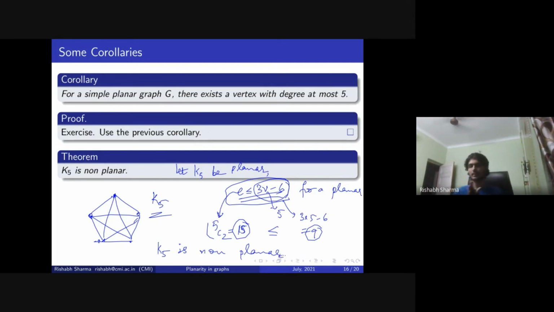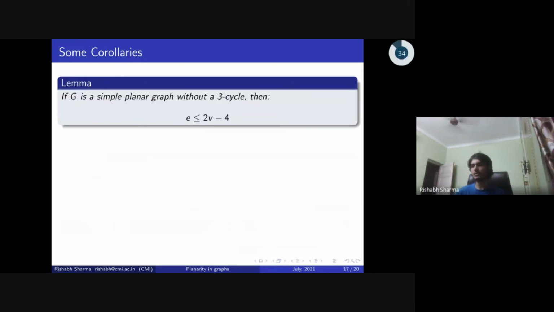Yeah, is that clear? Are there any doubts? Okay, so let's see another useful lemma, which we'll use to prove the non-planarity of K33.